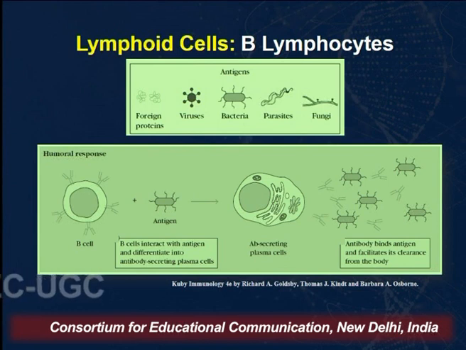These antibody-secreting plasma cells release the antibody, and these antibodies are specific for certain epitopes present on the surface of the antigens or foreign particles. They go and attach there, and that's how they neutralize that particular foreign particle, virus, or bacteria from our body circulation.